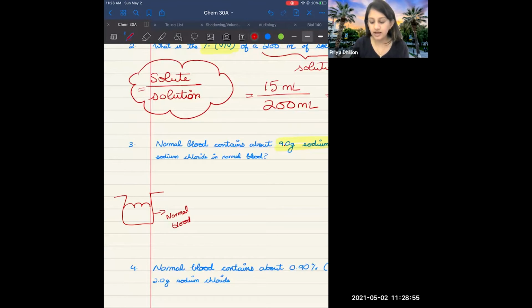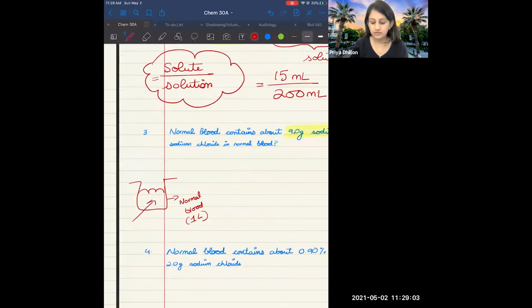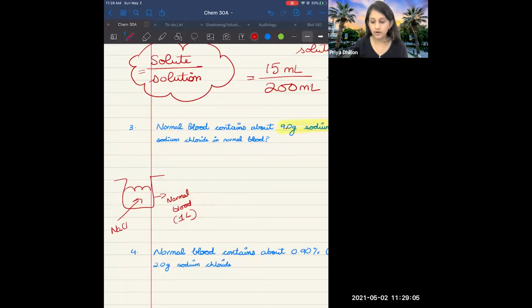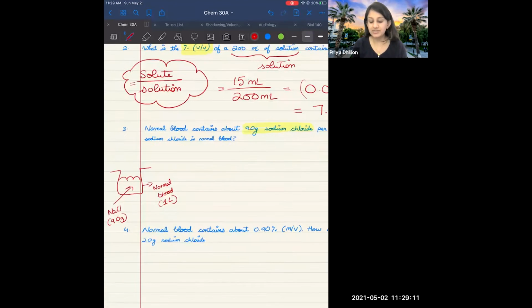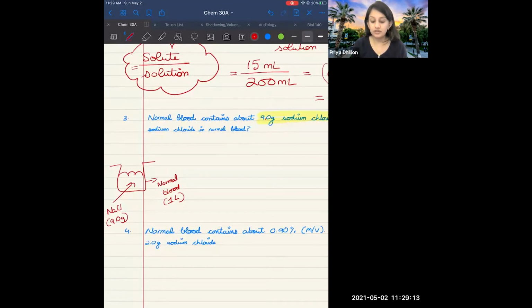And they're saying that I have 1 liter of it. In that blood, we have sodium chloride, and we have 9.0 grams of it. Now they just want to know the percentage of NaCl in that normal blood.